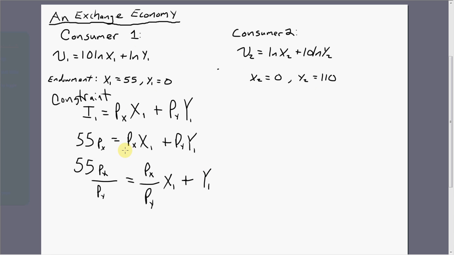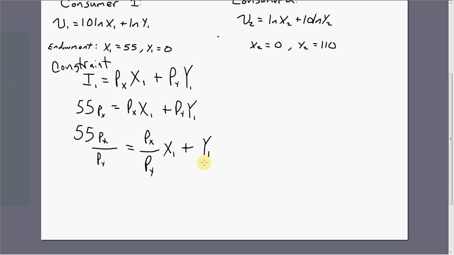So I divided this top expression right here through by the price of good Y. Now let's let the price of good X divided by the price of good Y just equal to P. Okay, we're going to simplify that.